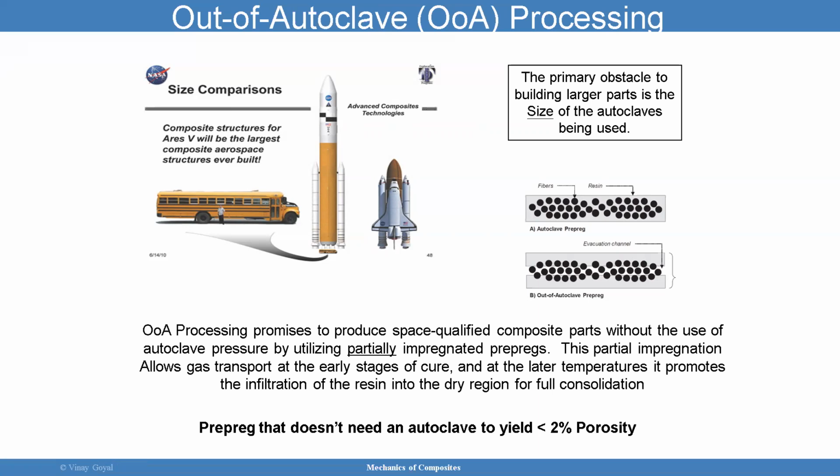And at the later temperatures, it promotes the infiltration of the resin into the drier regions for full consolidation. So again, at the early stages of the cure, you allow gas transport. And at the later temperatures, it promotes infiltration of the resin into the drier region for full consolidation. The prepreg that does not need an autoclave will yield less than 2% porosity.